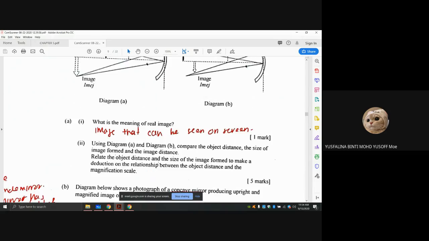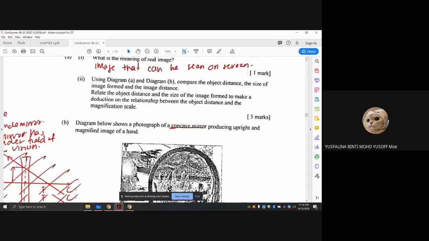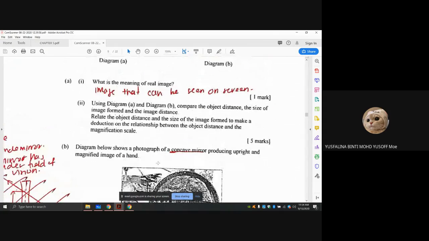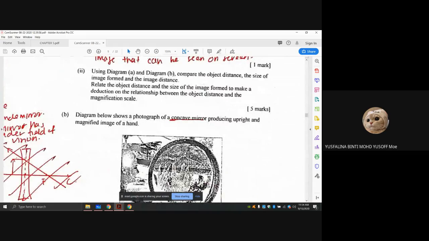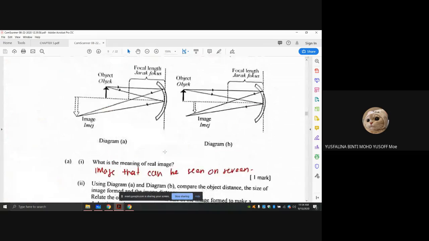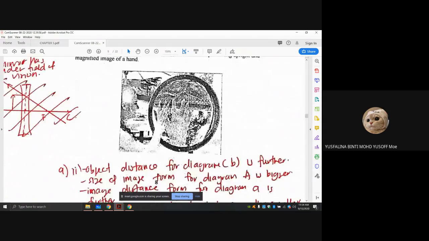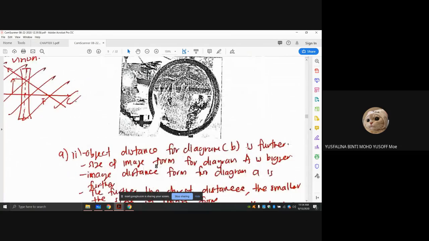Then for number 2 is the comparison, for the object distance and the size of image. First, compare the object distance. You can see the object distance for diagram A is much closer. So the answer is object distance for diagram B is further, or object distance for diagram A is closer.